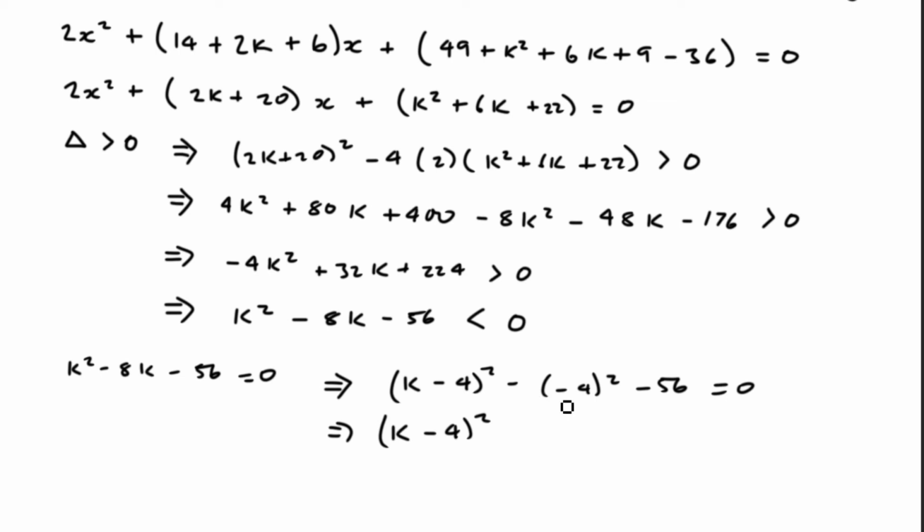Negative 16 and negative 56 is negative 72, but if we add that to both sides, we'll have a 72 here. Taking the root of both sides, we'll have that k - 4 is root 72, which is 6 root 2, but plus or minus. So the critical values are that k is 4 ± 6√2.